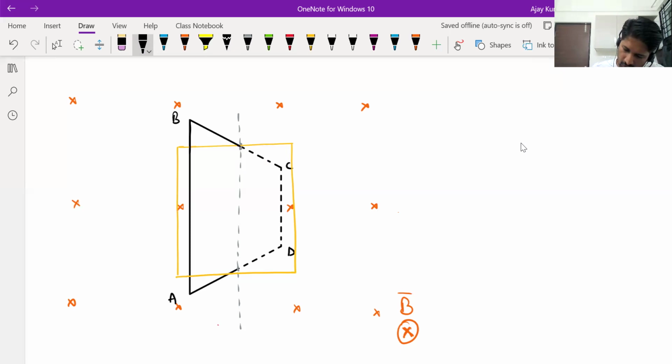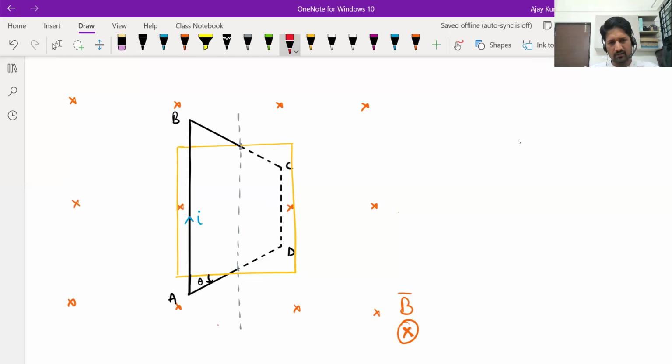The edge AB has been brought closer, and the edge CD has been sent back. Okay, by what angle are we rotating it? Let's say we are rotating it by an angle theta. Okay, on the lower side, I'm showing you the angle theta. Fine. The current is flowing this way.